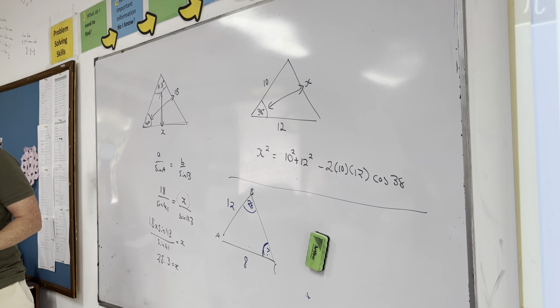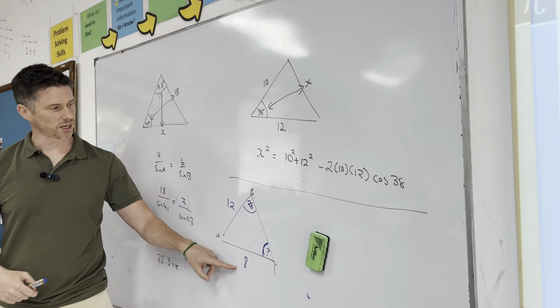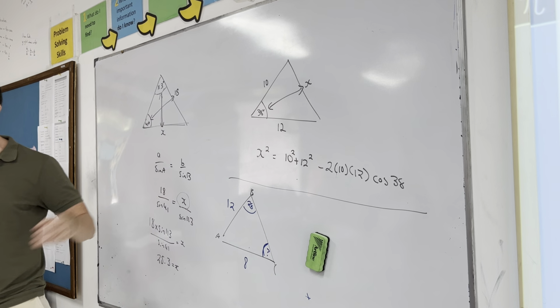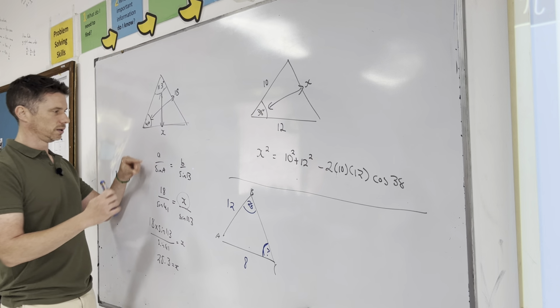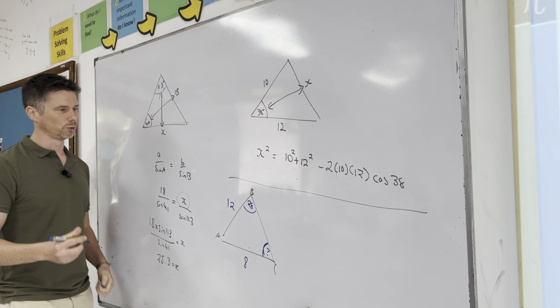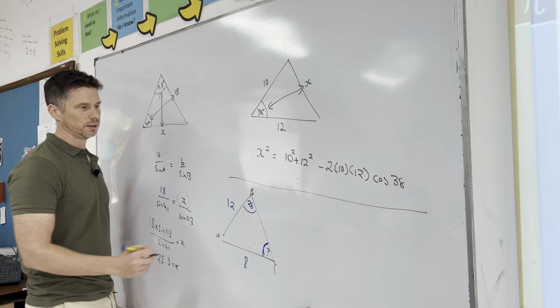Sine or cosine rule? Sine. Why? Because we have two sides and two angles, including the unknown one. So I work with sine. I'm going to use the reciprocal one of this. I'm going to write angle over side because I'm trying to find an angle.